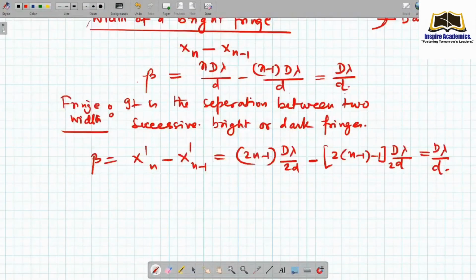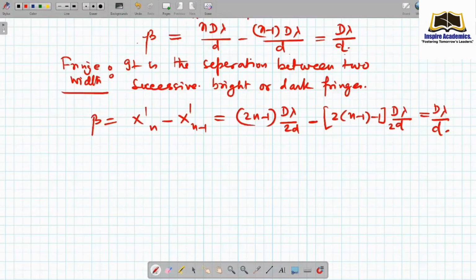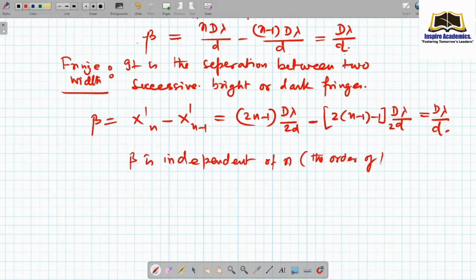Here one thing that is to be noted is that beta is independent of n, the order of the fringe. Are you clear about this? Therefore all fringes are of equal width.